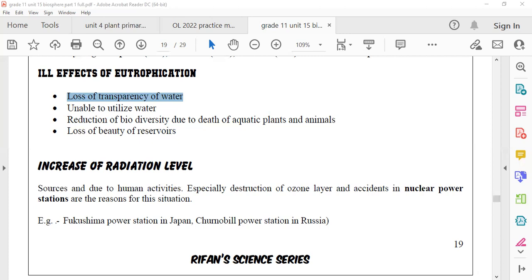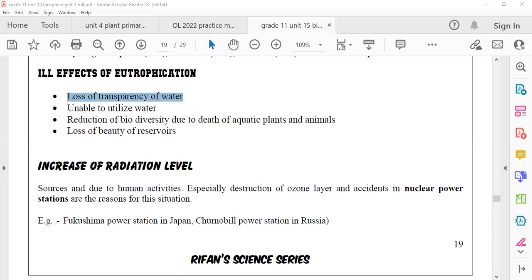A nuclear power plant collapsed, and due to this radiation started to get released, and so many people got killed.